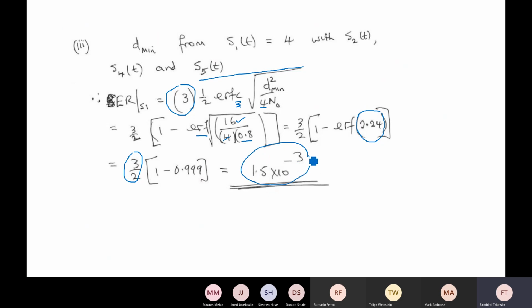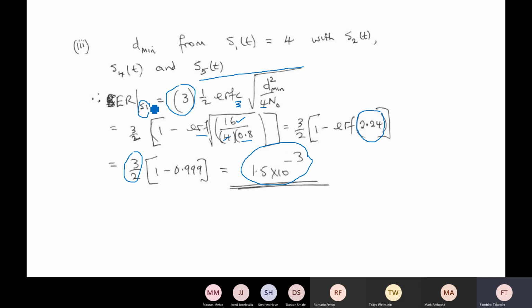So that would be essentially the error rate. You have on average 15 errors in every 10,000 transmitted symbols. These are not bits, but symbols, right? Because we're looking at the symbol error rate, the probability of mistaking a particular symbol.